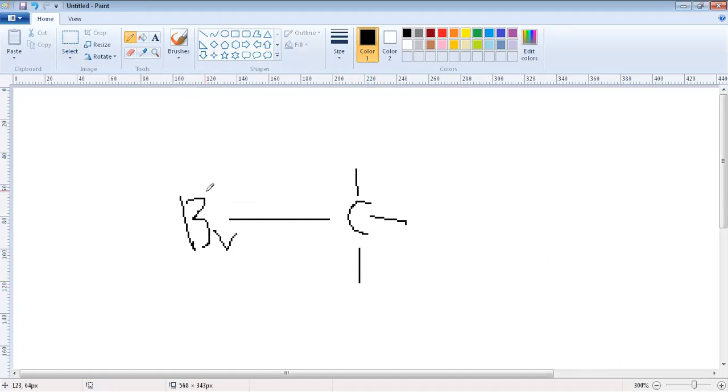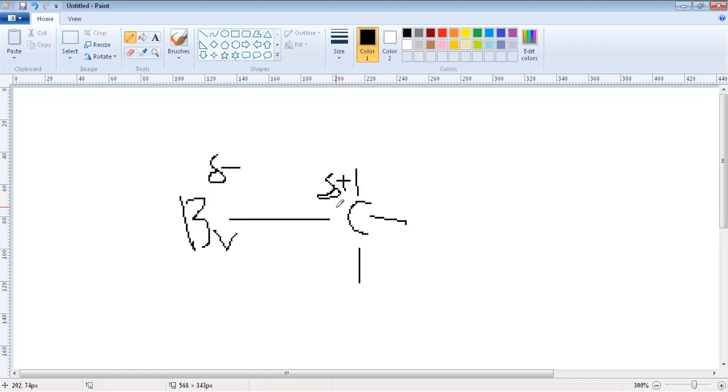Br is partially negative, and the carbon is partially positive. Sometimes carbon can be neutral, sometimes carbon can have a positive or partially positive charge. This means polarizable, meaning it can take a positive charge or a negative charge.